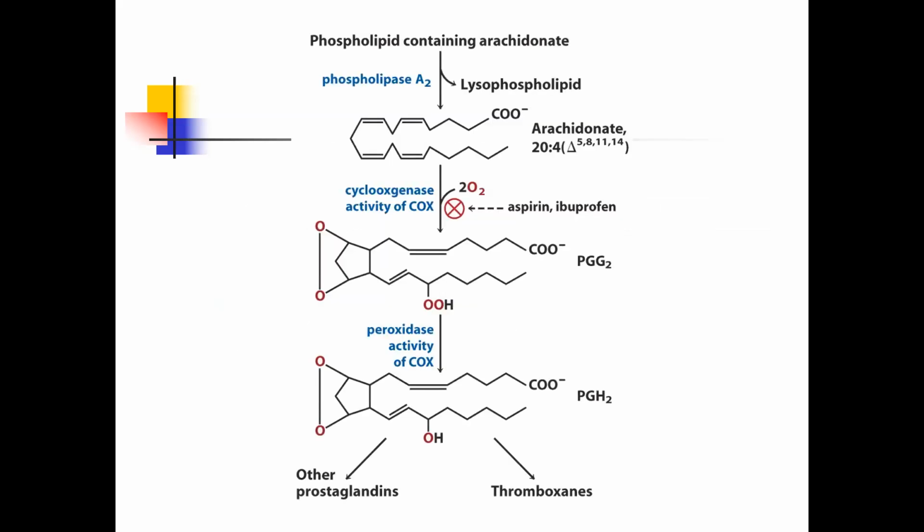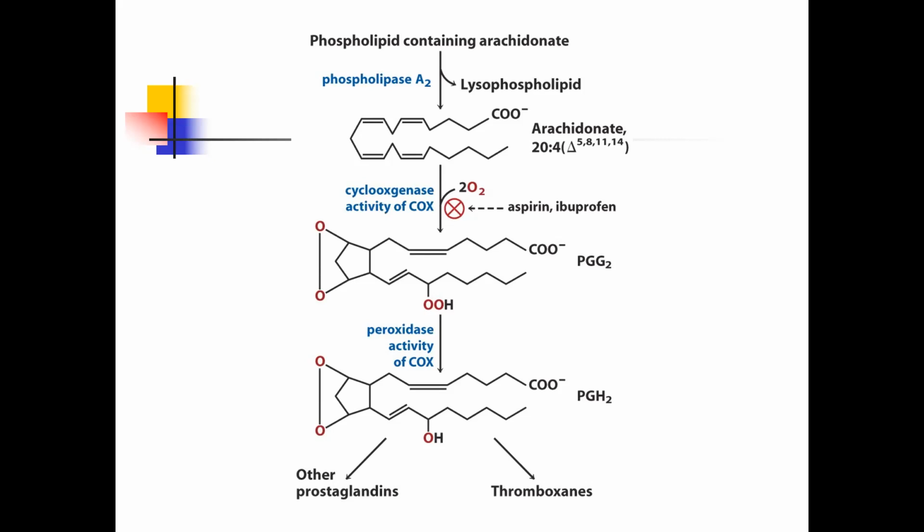So arachidonic acid is the precursor for the synthesis of prostaglandins. And arachidonic acid is converted to this molecule. This is prostaglandin H2. Prostaglandin G is a biosynthetic intermediate. This is never released in the body.